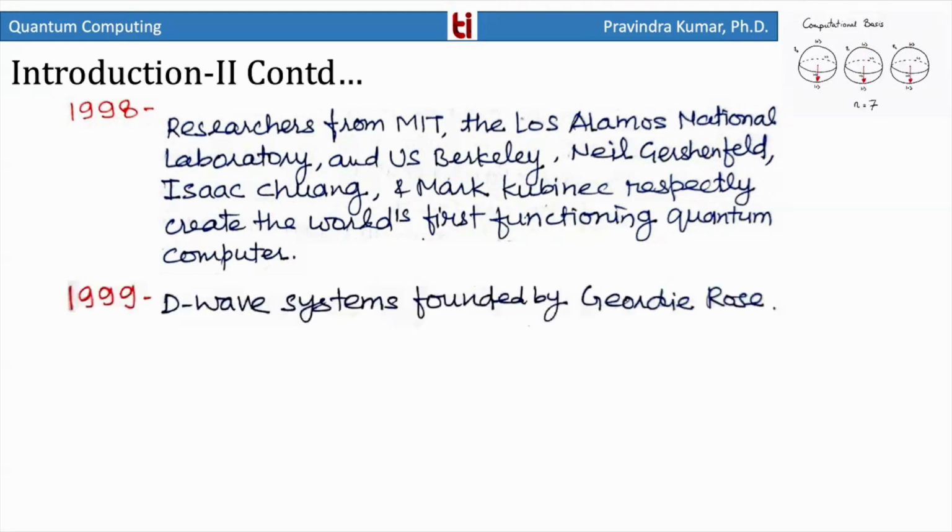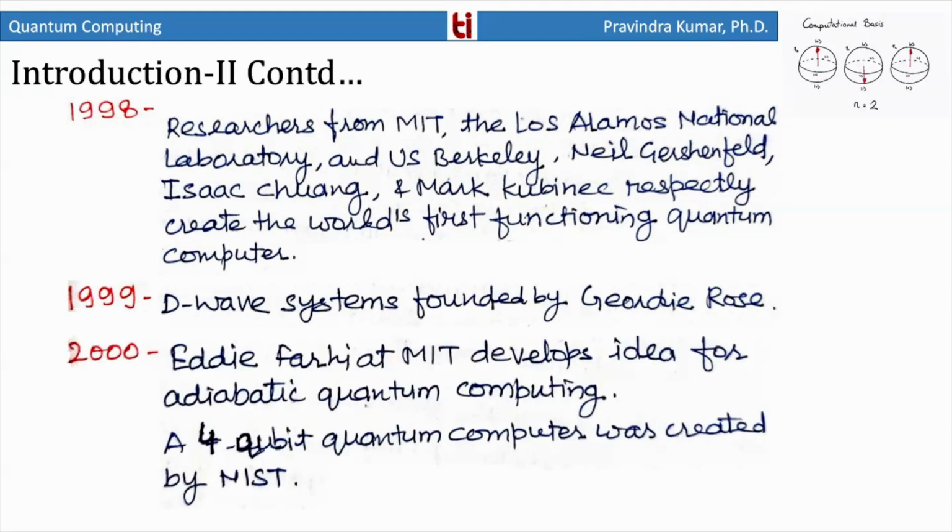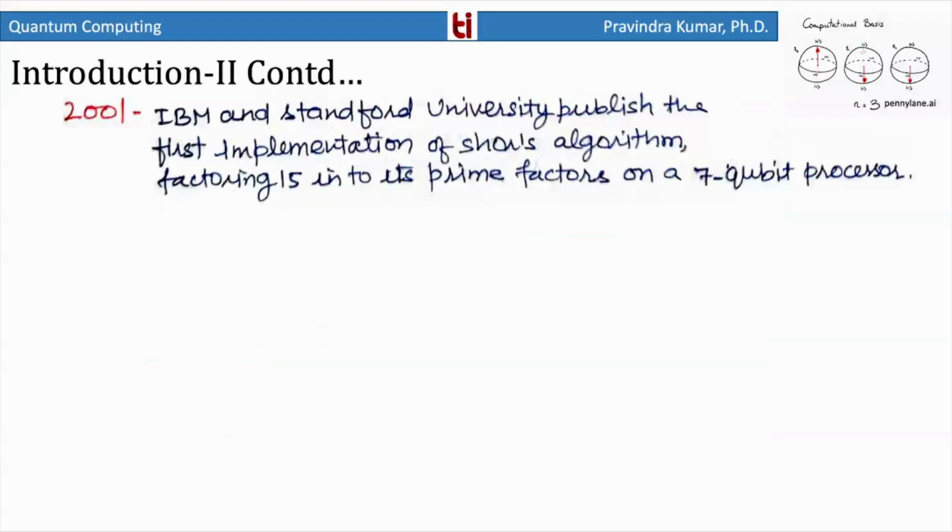In 1999, D-Wave Systems company was founded by Geordie Rose. In 2000, Edward Farhi at MIT developed the idea for adiabatic quantum computing. A 4-qubit quantum computer was created by the National Institute of Standards and Technology.